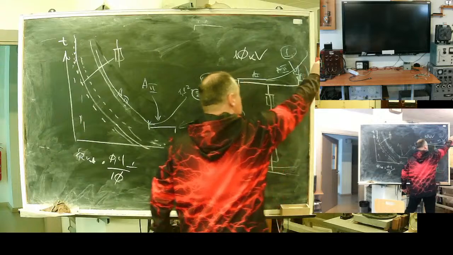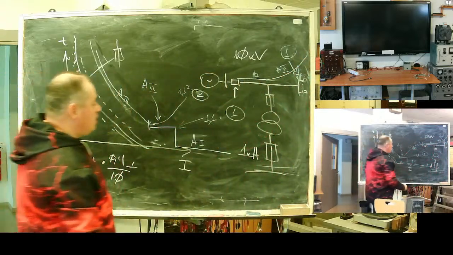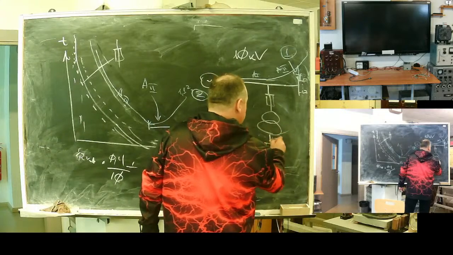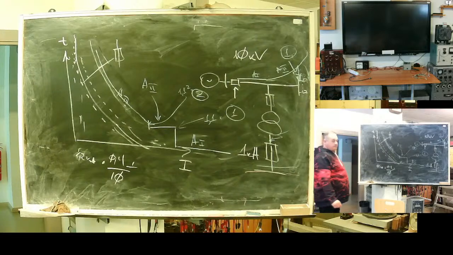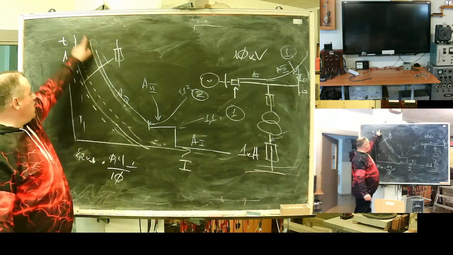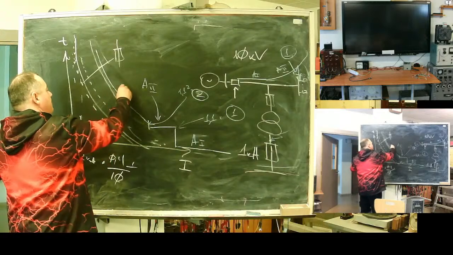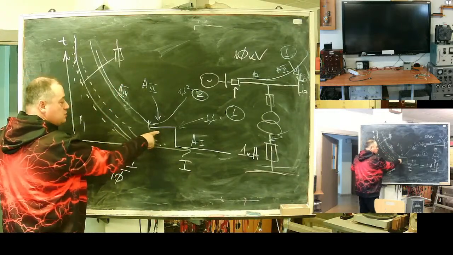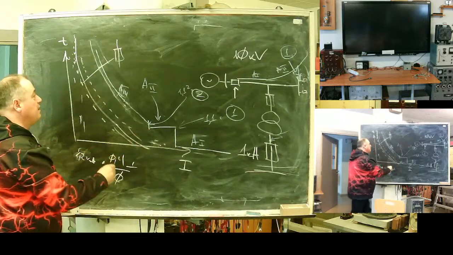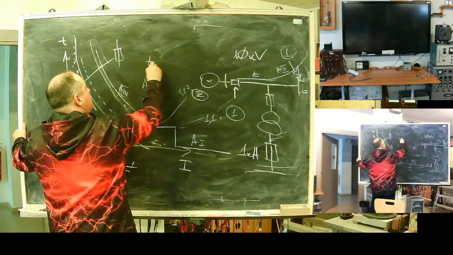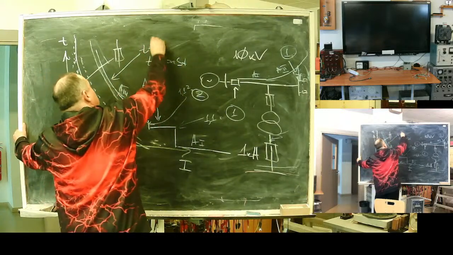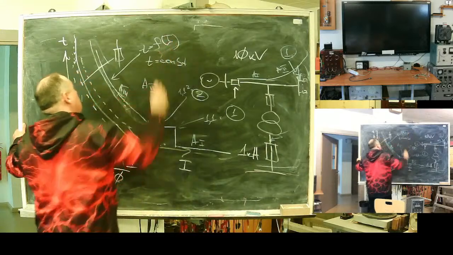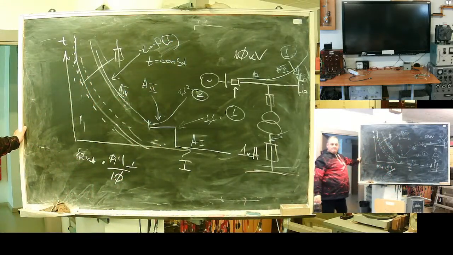It's a fault at the end of the next line, or maybe you can take this fault reduced. And the last zone, A3. For these two zones, time is constant. For this zone, time is a function of current. It's time dependent. The higher the current, the faster it trips.